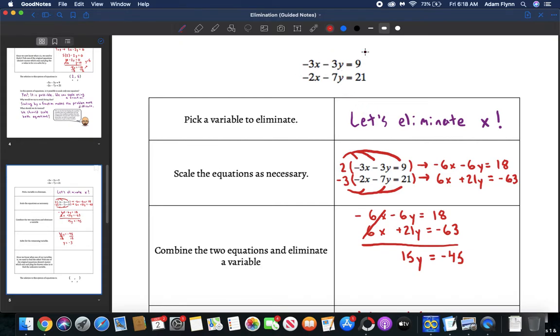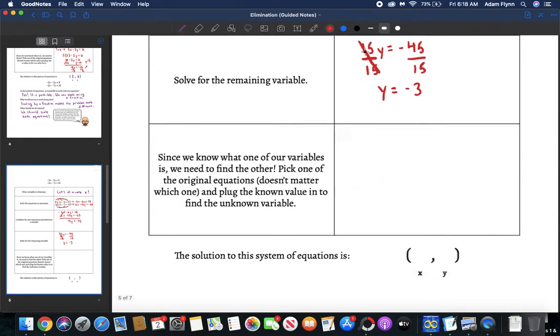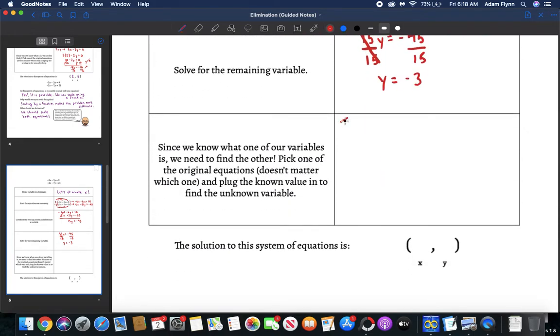So -3x minus 3y equals 9. Okay, so I am going to replace the y this time, because I solved for y instead of x, with -3.